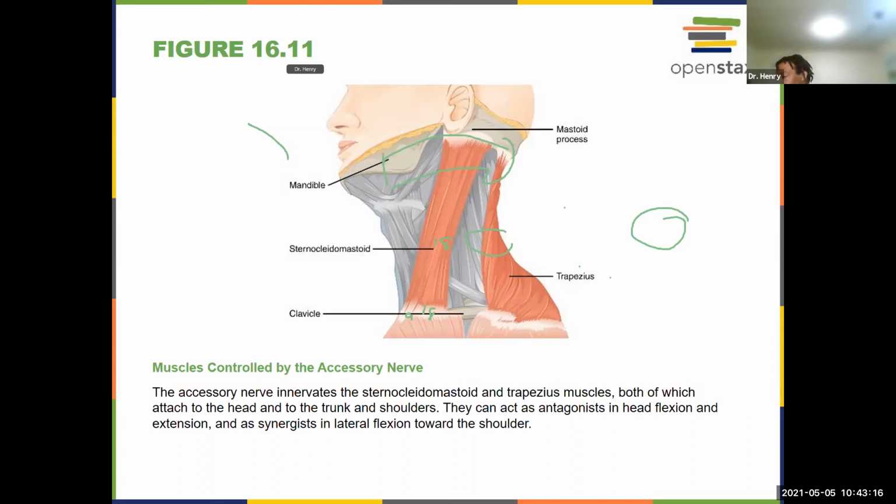Okay, so we also have the motor nerves in the neck. In the case of the motor nerves in the neck, again, we're looking at those 12 cranial nerves.